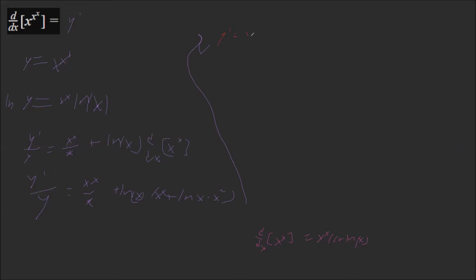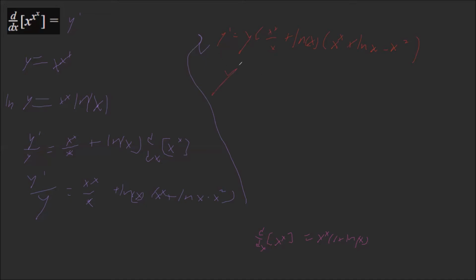And so we end up with y times x to the power of x over x plus natural log x times x to the power of x plus natural log x times x squared. Now, at this point, technically this isn't correct by AP standards, but this is the derivative of y. And so I suppose you could say that this is correct. However, we're going to simplify it further.